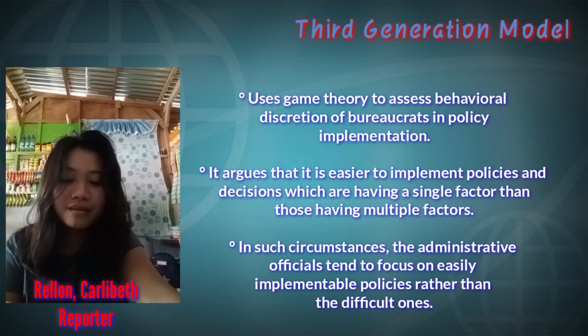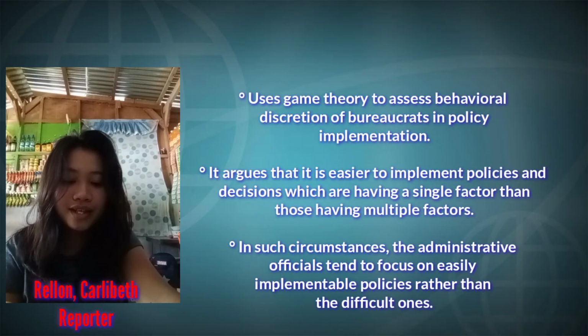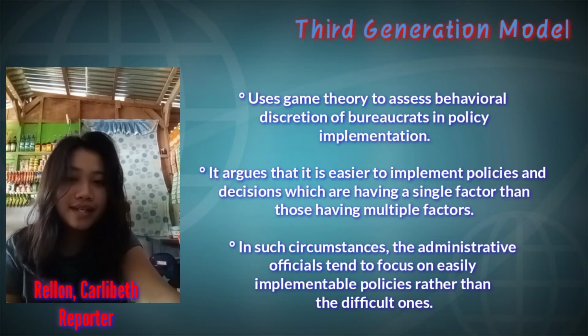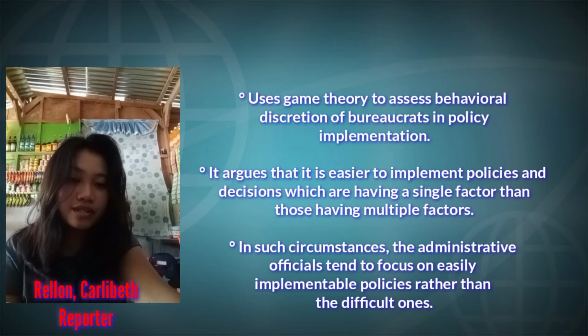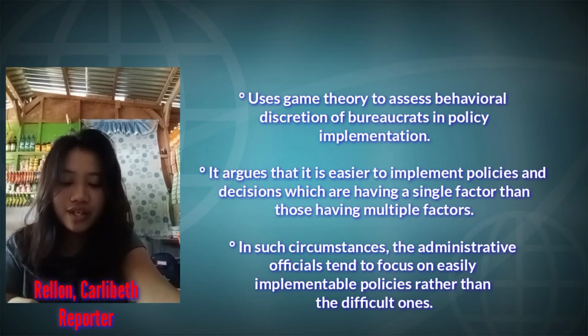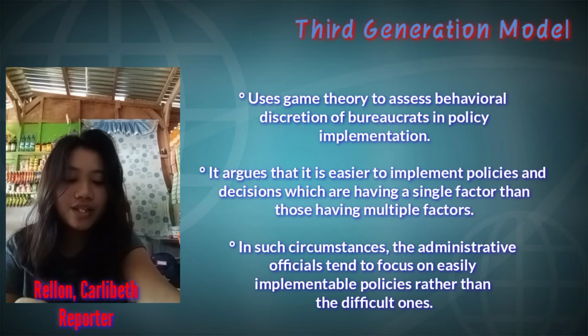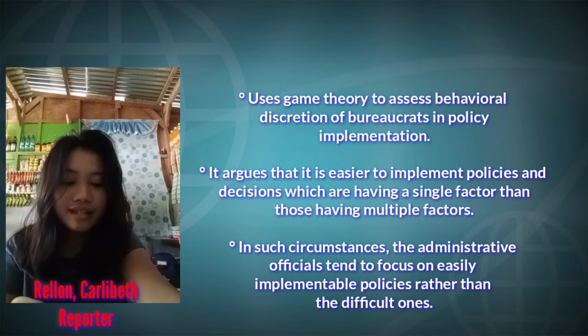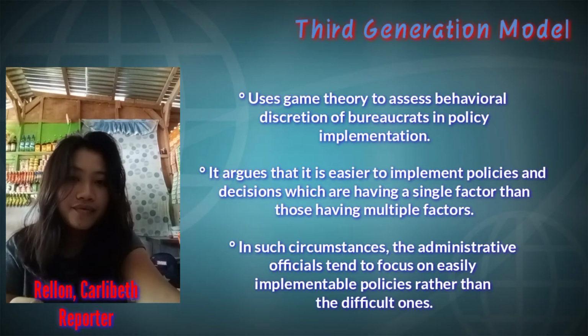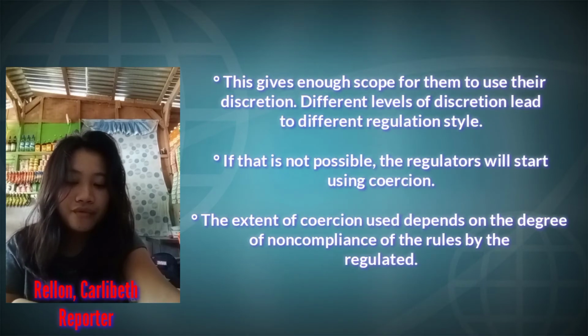For instance, implementing road safety policies is easier than implementing the policy of poverty eradication. In such circumstances, the administrative officials tend to focus on easily implementable policies rather than difficult ones. This gives enough scope for them to use their discretion.